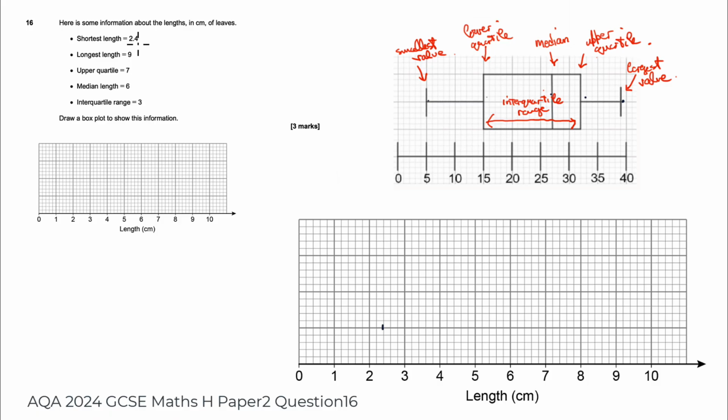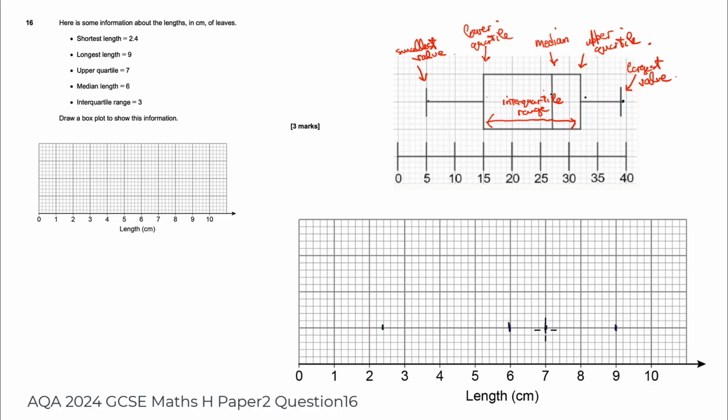So certainly the shortest line is 2.4, longest length, no problem, that's on the 9 line there. Upper quartile, 7. That's the top end of that box. The median length is 6. That's the line shown inside the box for the median. Now, we don't know the lower quartile, but we do know the interquartile range, and that's the length of the box.